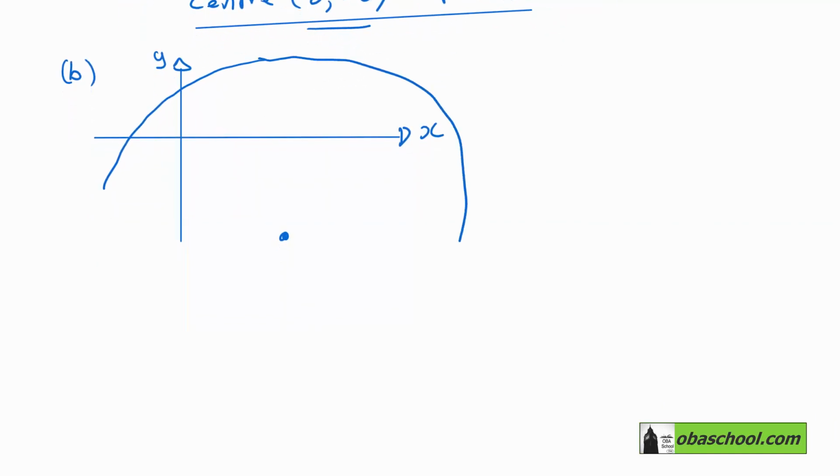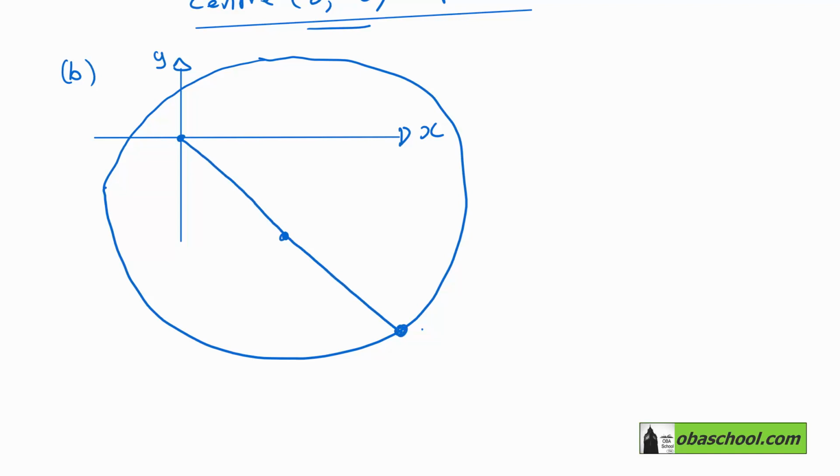So we don't have to draw a perfect diagram here. But the point that is furthest away from the origin will be the point over here. This is the point P. If we draw a line through the centre.